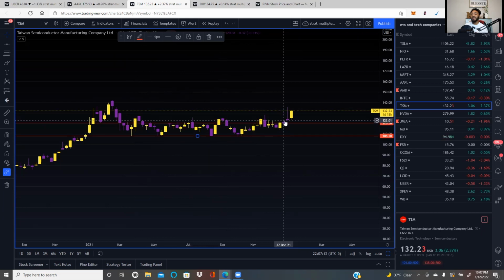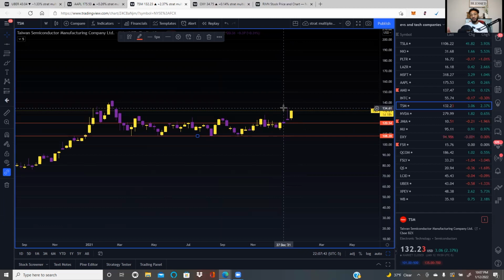So now, if you're a breakout candle trader, you're in this trade as soon as it broke. A break and retest trader uses this candle here, and then when this candle opened up, now you're in the trade because it's broken the previous high. So at that point, you have a high probability of continuation. And guess what? You got a move from 123 all the way to 130, 134 out of TSM.